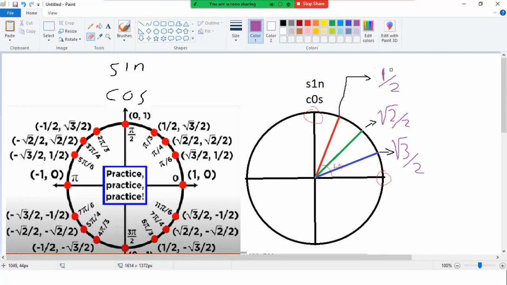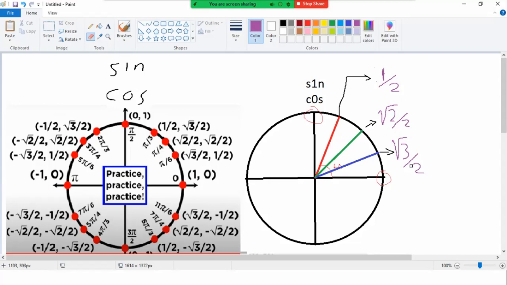And then this is going to be for cosine, because you're starting here, and then you imagine that door, so that's going to be 1/2. So you already know that you're going to be starting with 1 right there. And then with the sine, everything's just going to be the opposite of that.